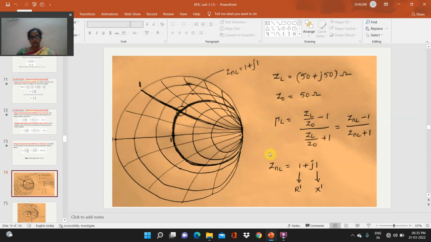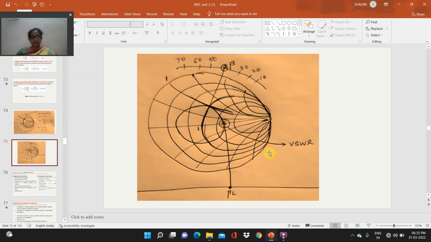So the resistance value R1 and reactance value X1 should be plotted like that. ZNL is equal to 1 plus j1. Next, here also the same as this, the Smith chart will be plotted.